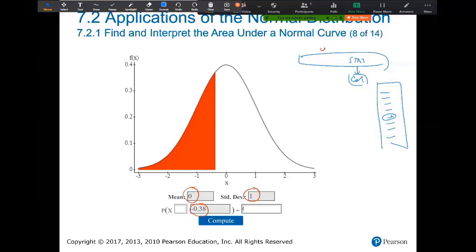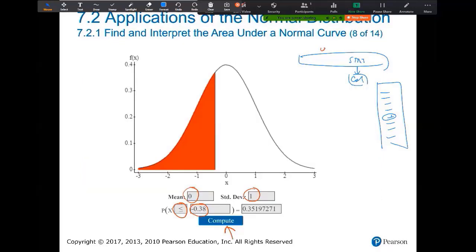But because we want the probability to the left, we need to select this symbol in this box. When we click compute, we obtain the probability to the left. That is the same value that we obtained on the table, 0.3520, exactly the same value using technology.